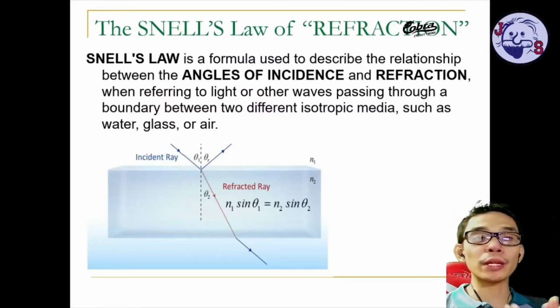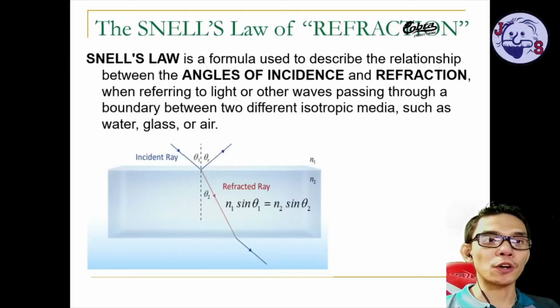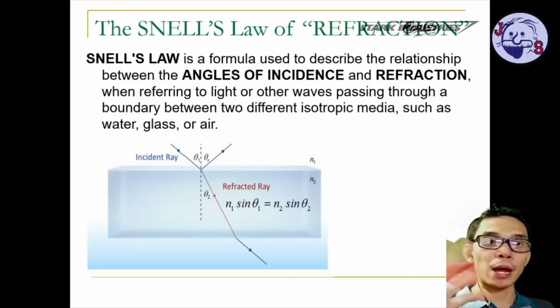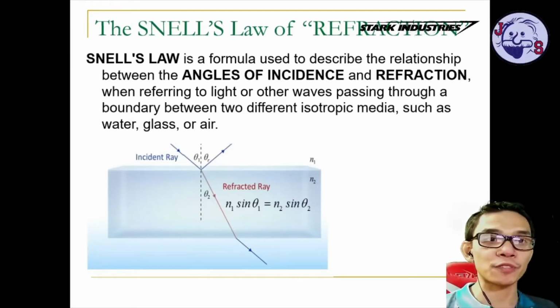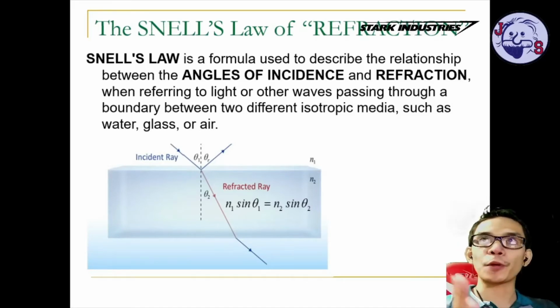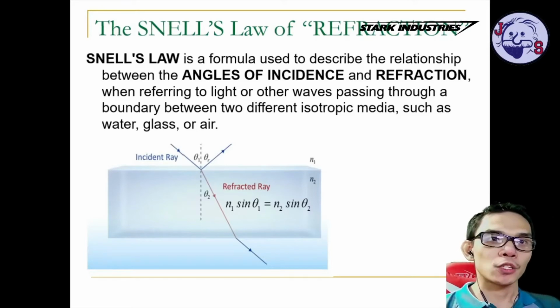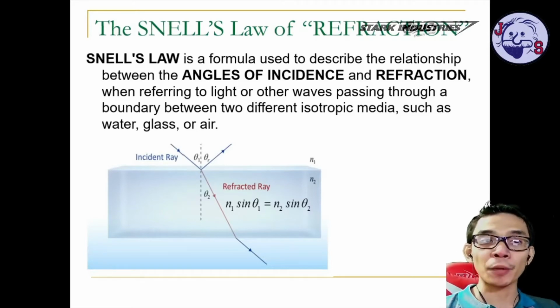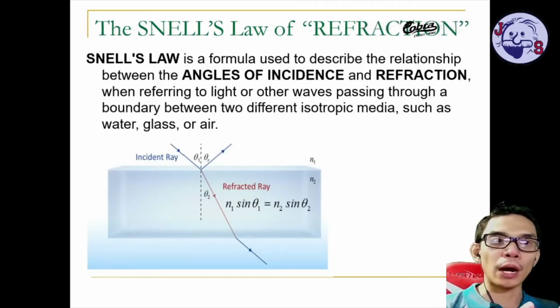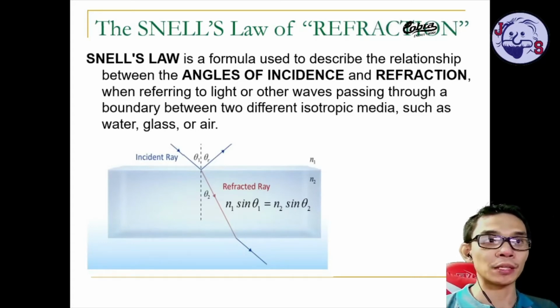Before we go to the next optical device, I'll first introduce you to the process which this optical device follows. This principle is known as Snell's law of refraction. We all know that refraction is the bending of light when it passes through two materials with two different refractive indices.